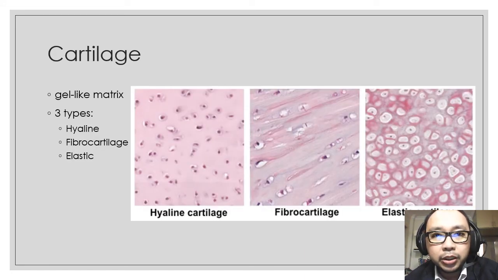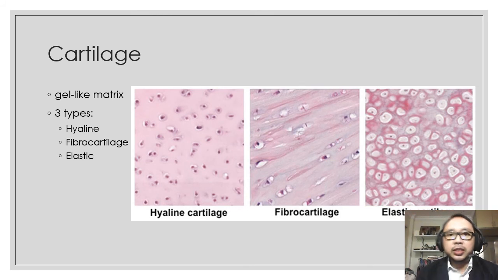Cartilage is a form of connective tissue in which the cells and fibers are embedded in a gel-like matrix, except on the exposed surfaces and joints. The fibrous membrane called the perichondrium covers the cartilage. There are three types: hyaline, fibrocartilage, and elastic.